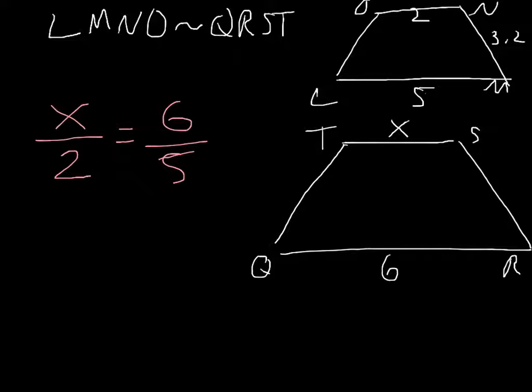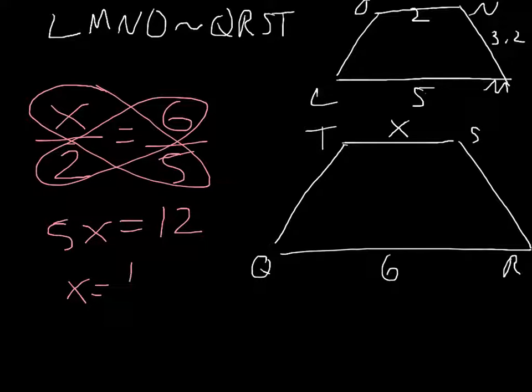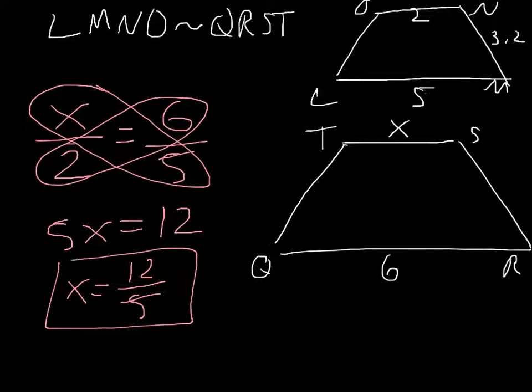Now it's a case of just cross multiplying. X times 5 is 5x. That equals 2 times 6, which is 12, so x equals 12/5. And there's my answer. And so I can use the proportionality to tell me what the missing sides are.